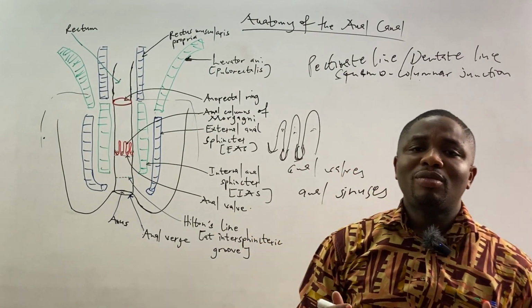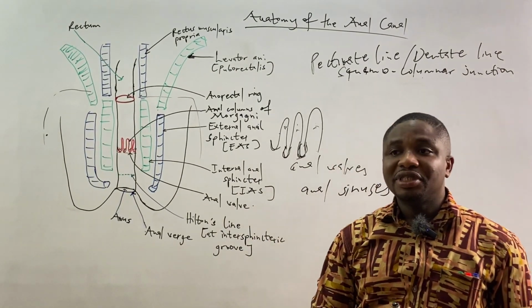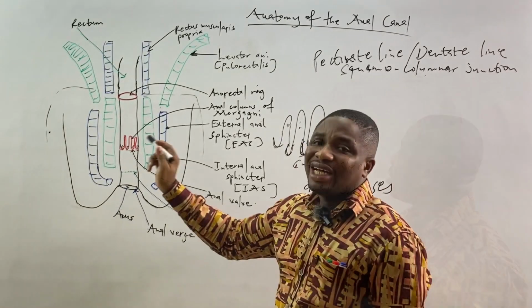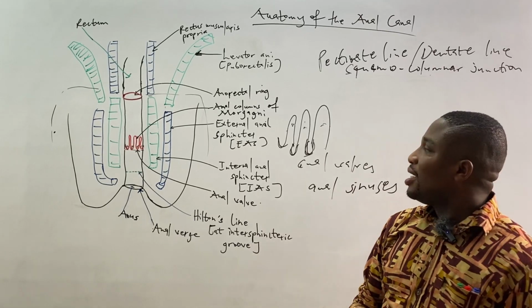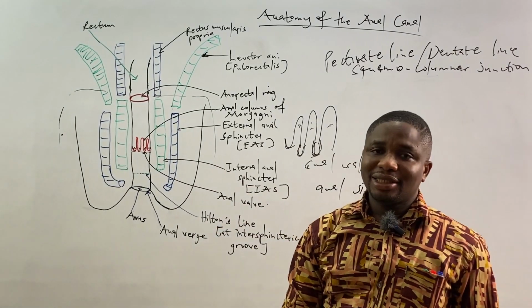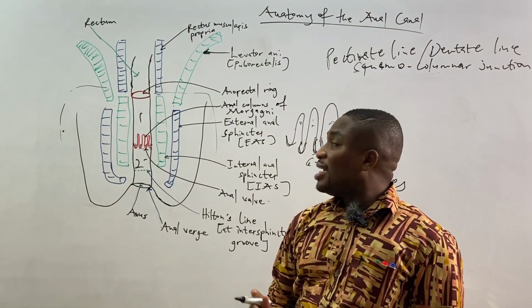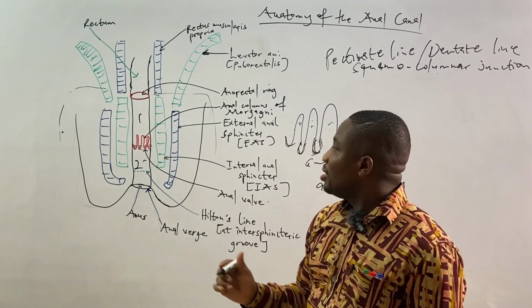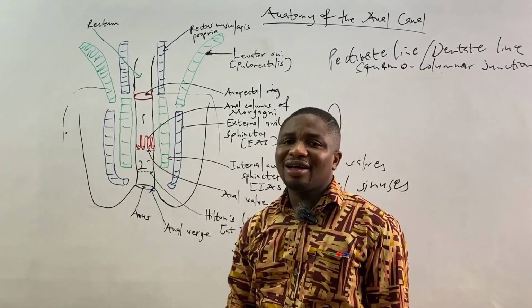Why it is called the squamo-columnar junction, we will get to know as we delve deeper. Now, you should know that this pectinate line or dentate line divides the anal canal into two parts, namely the upper anal canal and the lower anal canal.